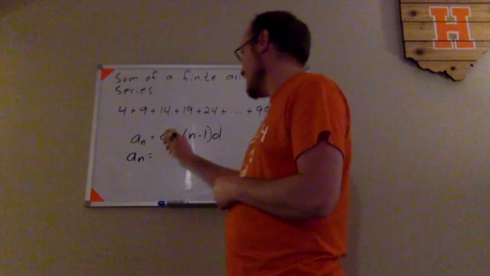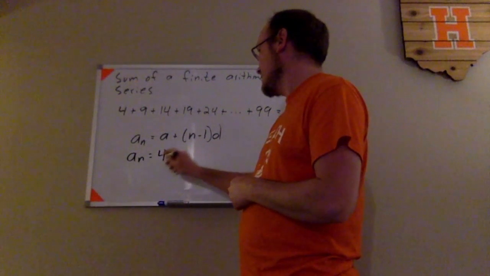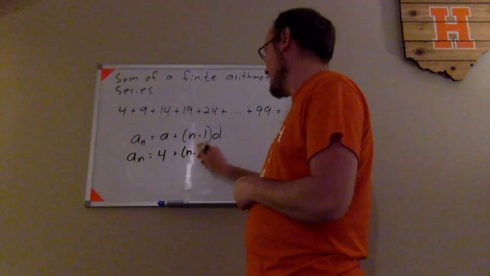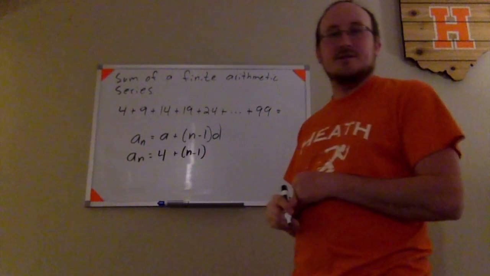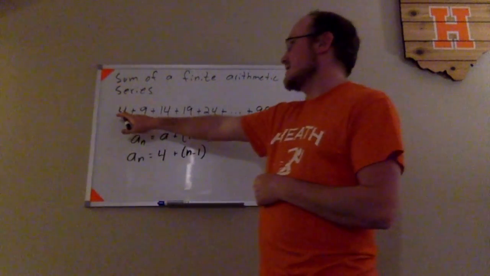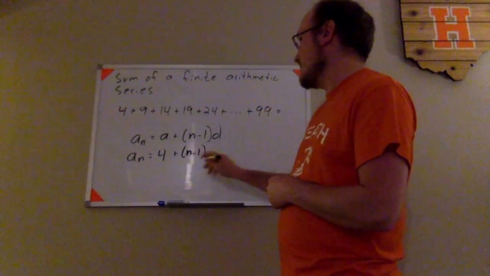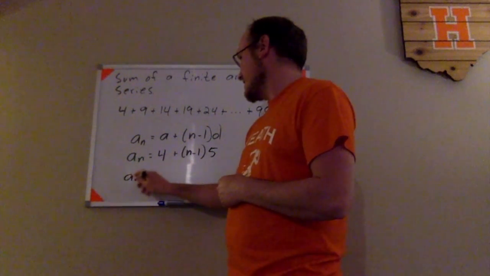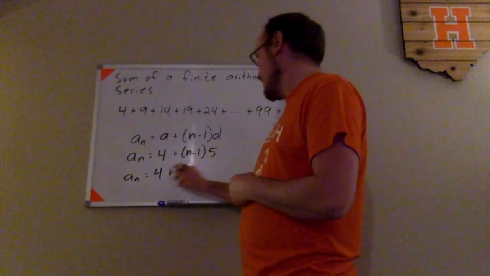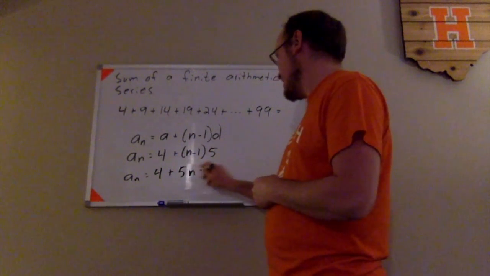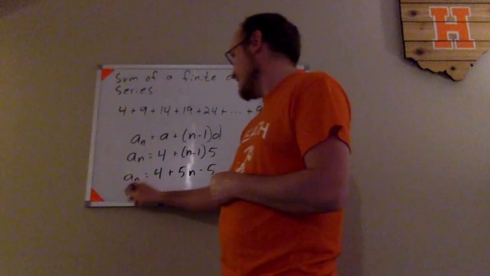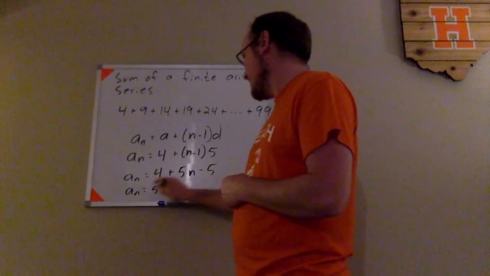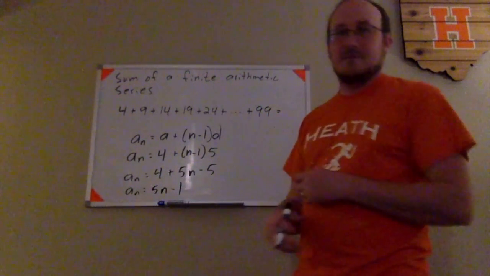We have a sub n equals the first term plus n minus 1 times d. I can see the common difference from term to term here is 5. Distributing to clean this up, I have 4 plus 5n minus 5, and finally a sub n is equal to 5n minus 1 when I combine like terms.